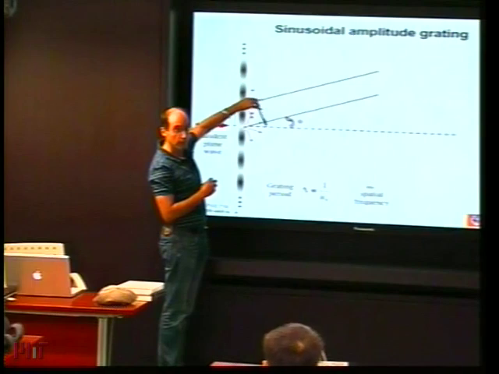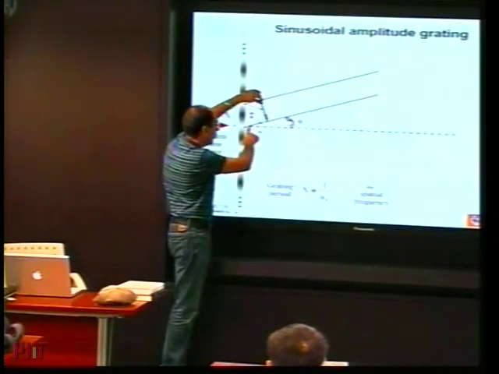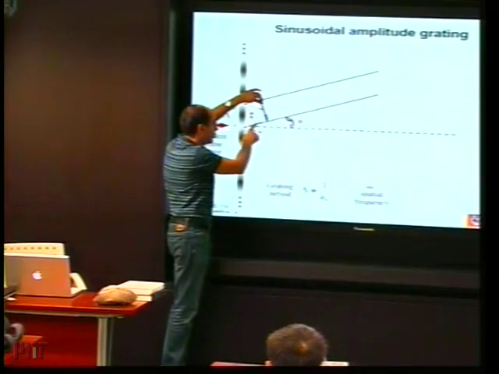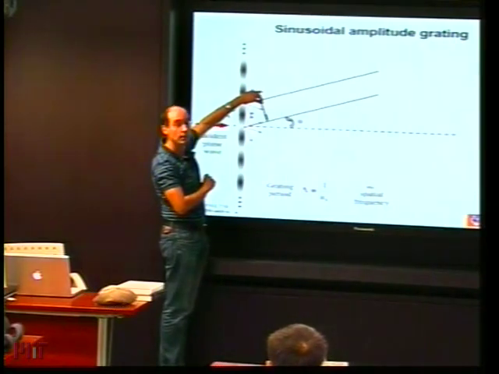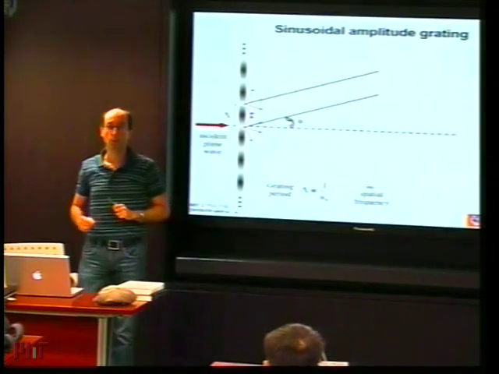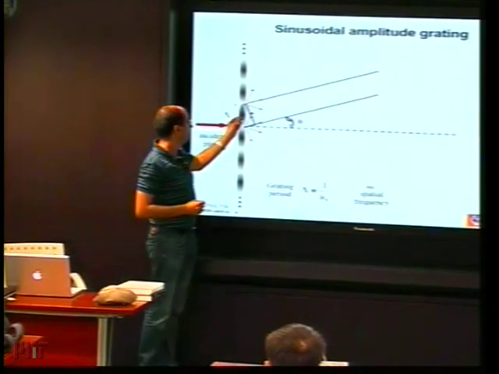You can see easily now that if you compare the wave on the lower ray with the wave on the upper ray, the wave in the lower ray is delayed. It has traveled a longer distance, therefore it is delayed by a certain amount.